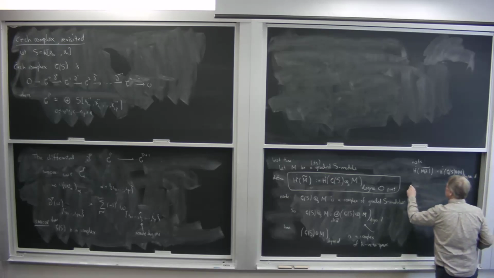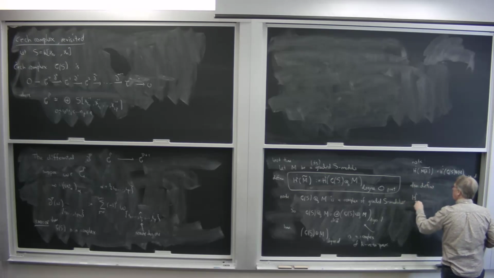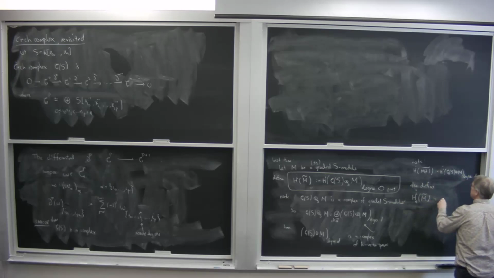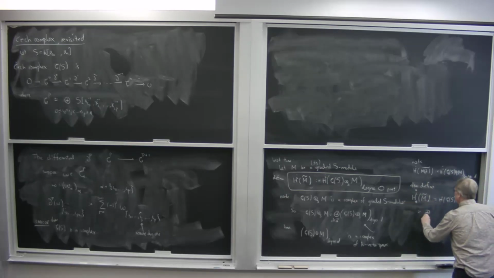And then we also define H^i lower star of M tilde. By definition, this is in fact equal to H^i of the whole thing, C of S tensor M, all tensor over S, which is equal to the direct sum over all d in the integers of H^i of M tilde of d.